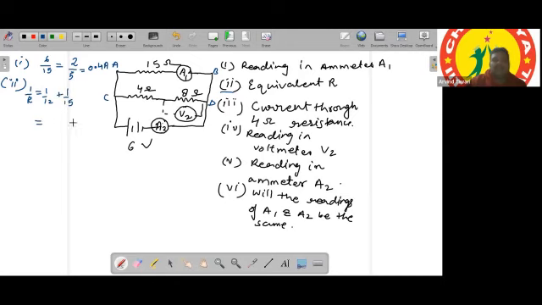Taking the LCM, which is 60, you get 5 plus 4, that's 9 by 60. This is 1 by R, so R is 60 by 9, which means 20 by 3 ohm. I think many of you have sent correct answers as 20 by 3.